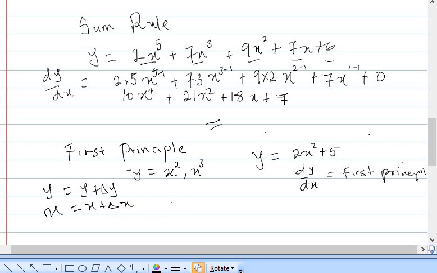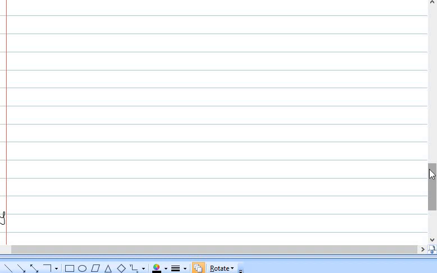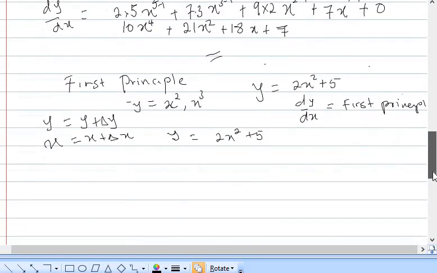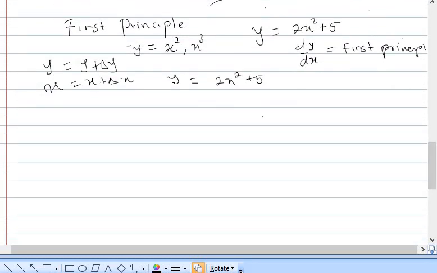So taking our main question, y is equal to 2x squared plus 5, all you need to do is apply the procedure that I have said earlier.